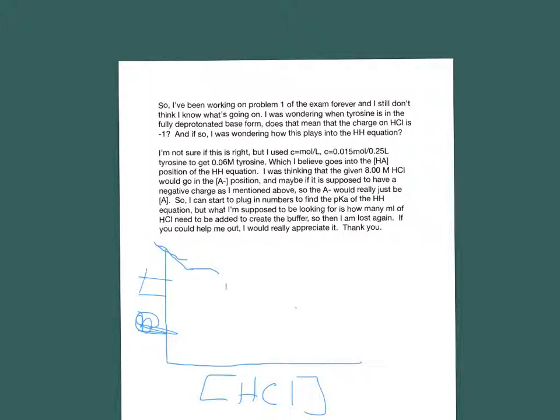Then you have an equivalence point. Then it comes again. My drawing's not so good. And then you get another flat area where you have another midpoint pKa. Then you get another equivalence point. And then another pKa, and then another. So you have one equivalence point, two equivalence points, three equivalence points.